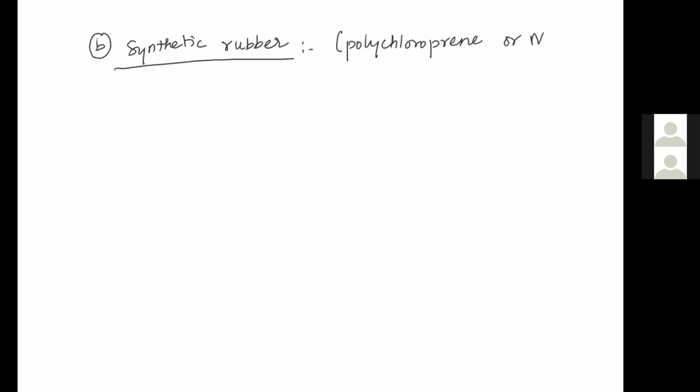Synthetic rubber. Synthetic rubber is actually polychloroprene, or it is made up of neoprene.